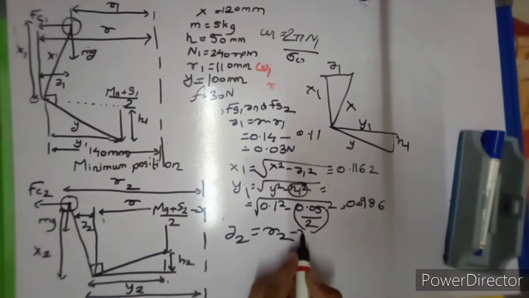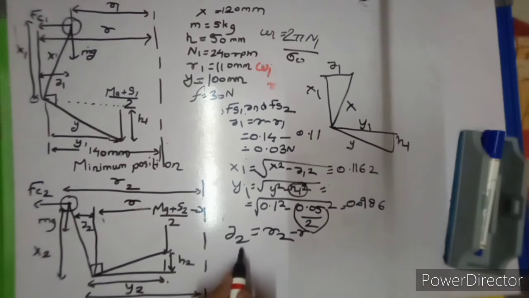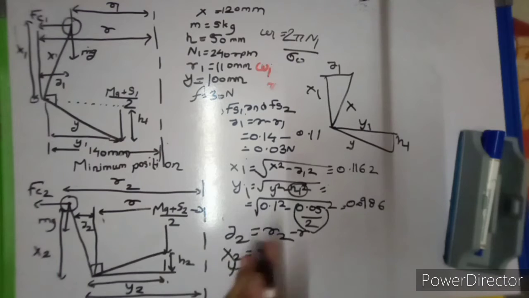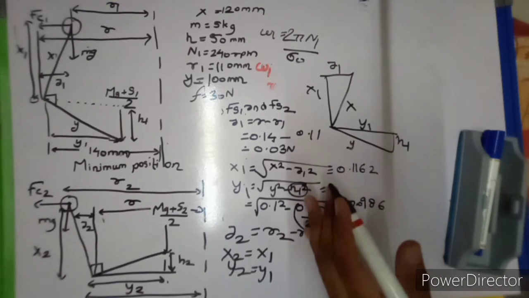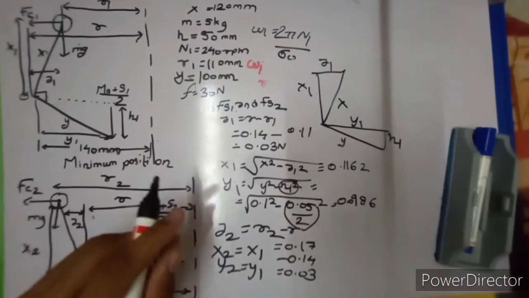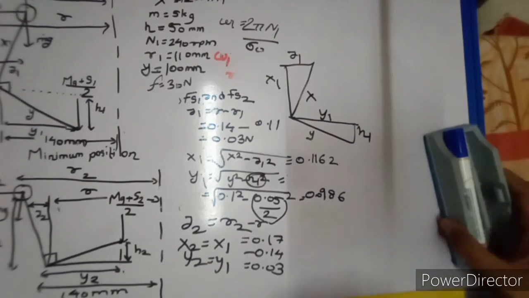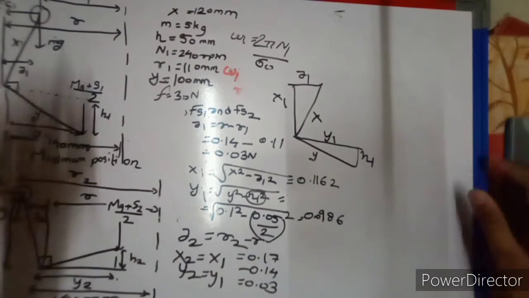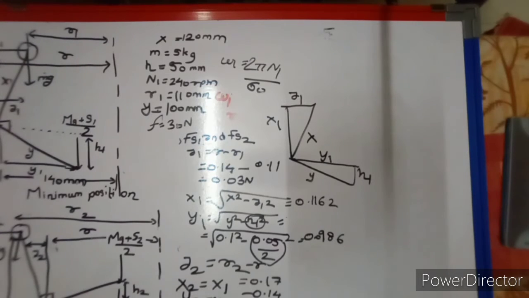So a2 is equal to r2 minus r. Then here x2 is equal to x1 and y2 is equal to y1. That is, the values will be same. Both are equal, no? That is why we have halved this part. Now you will understand. And r2, we know what is r2, 0.17, and what is r, 0.14. It is given in question, and 0.03. Just x and y were not given, that I have considered, assumed some value. In exam it will be given, so don't worry.